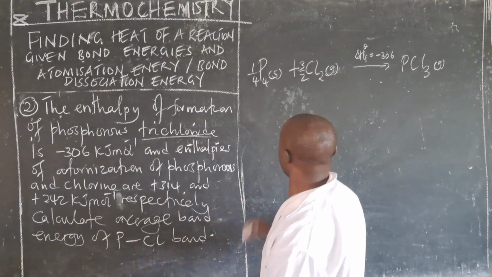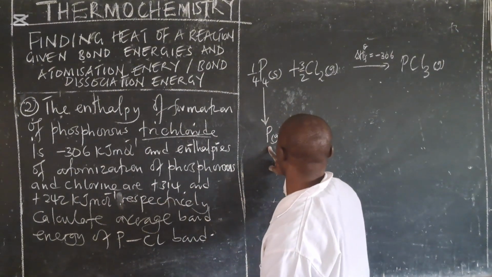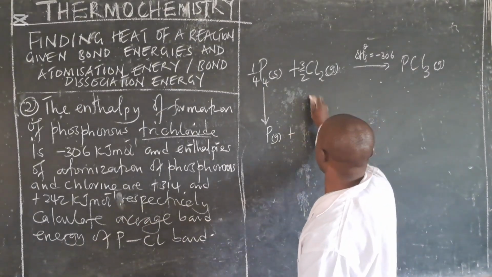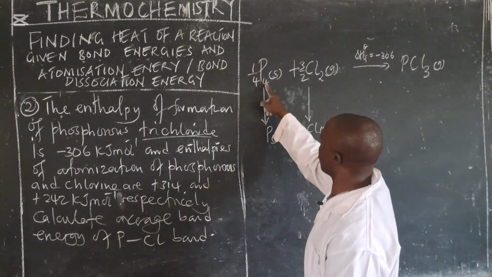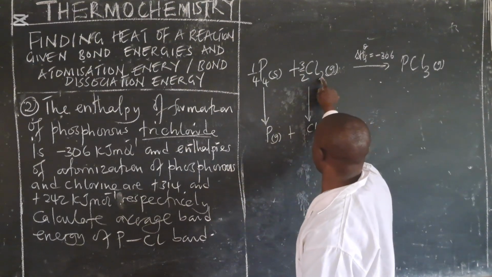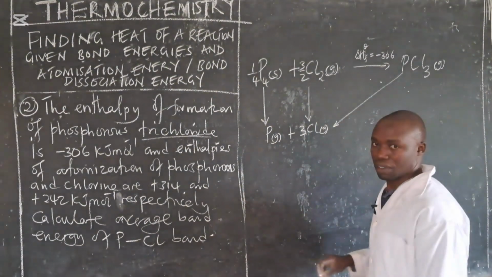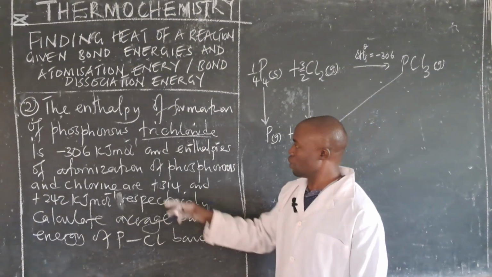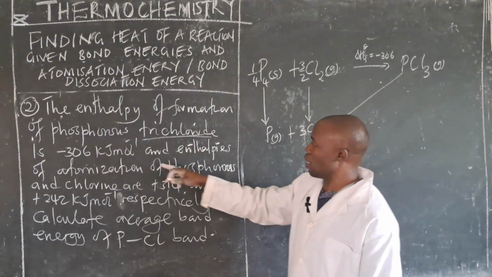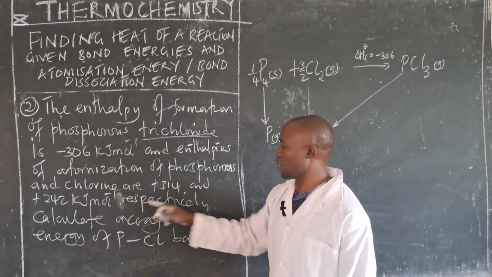So let's look at converting this to gas atoms. So don't put a P4, make it atoms. A quarter times 4 is 1, and 3 out of 2 times 2 is 3. Then this dissociates down into that. So let's look in the question. The enthalpies of atomization of phosphorus and chlorine are this and this.